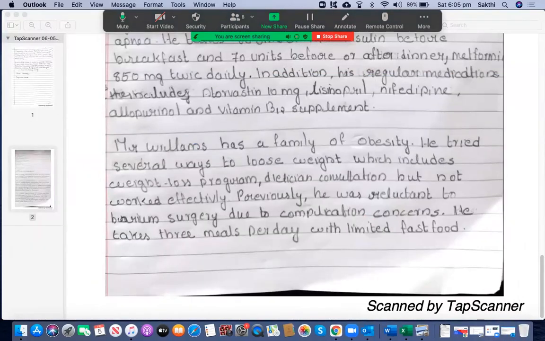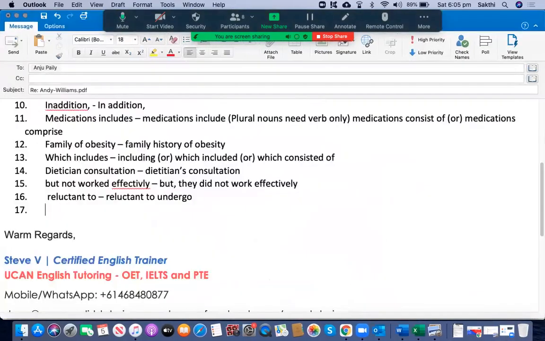"Due to complication concerns." No. You should have used "due to her concerns about complications". "Complication concerns" is wrong. You should say "due to her concerns with" or "concerns about its complications".